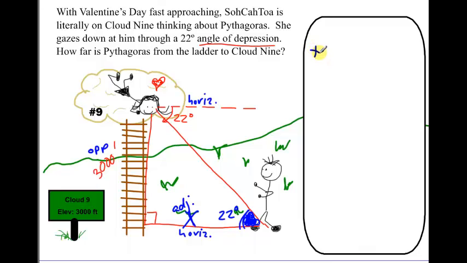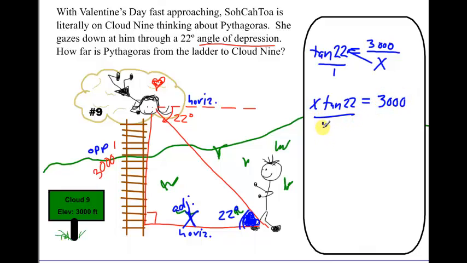We're going to take the tangent, of course, of the angle, which is 22, set that equal to our fraction, putting 3,000 as our opposite side over the x, which is what we want to know. All right, throw that over 1 and cross multiply. Here we go. x times the tangent of 22 is going to equal the 3,000 on the other side. So we're going to divide by tangent of 22 degrees to find x.